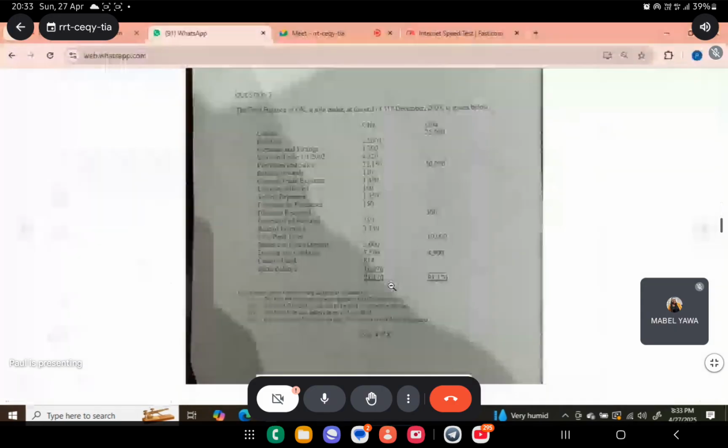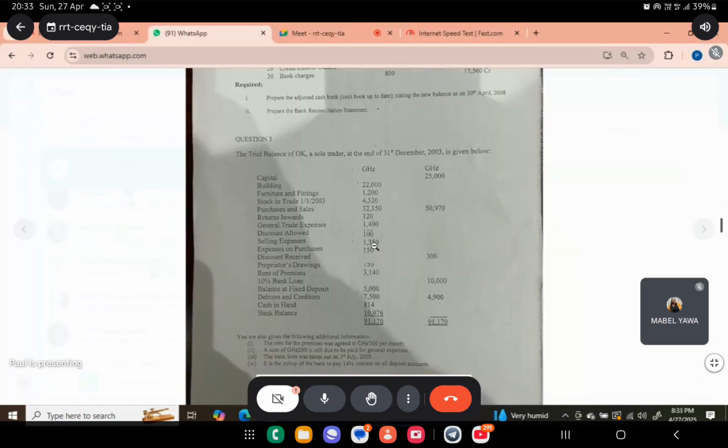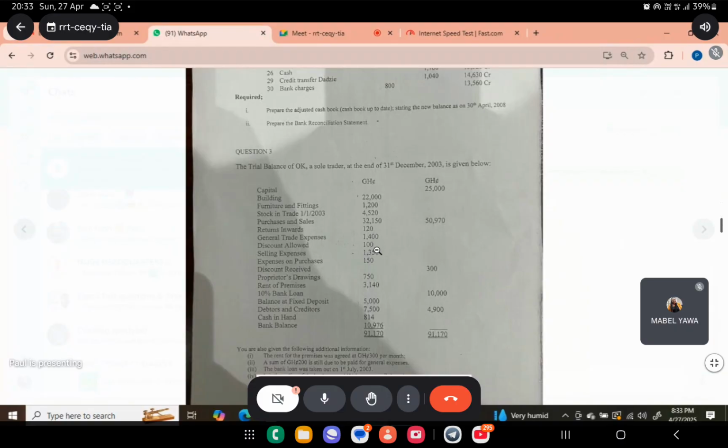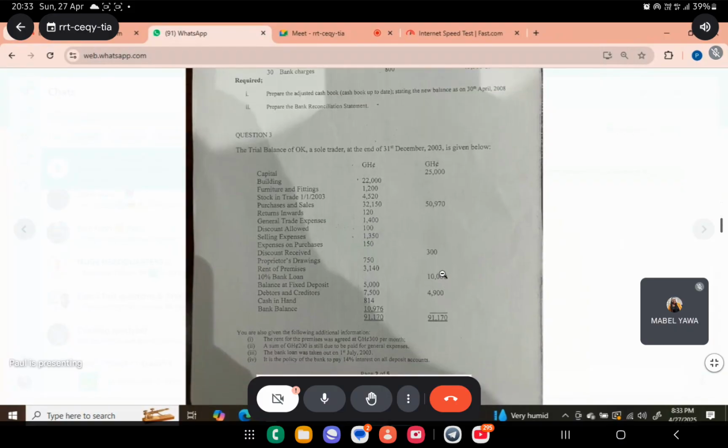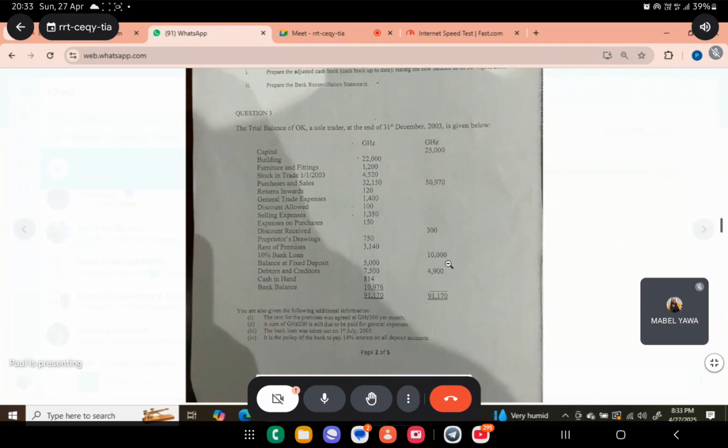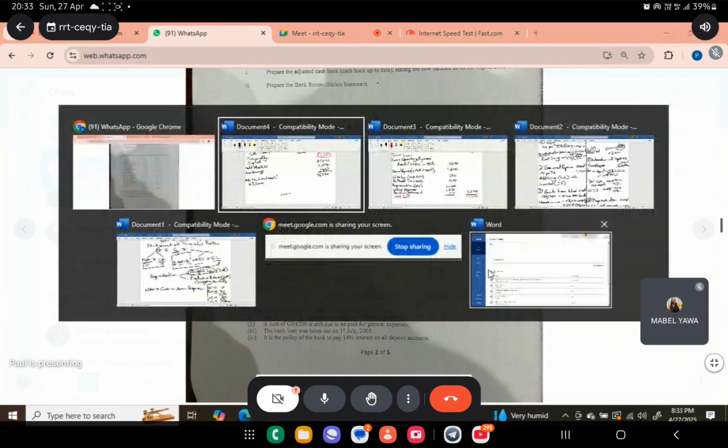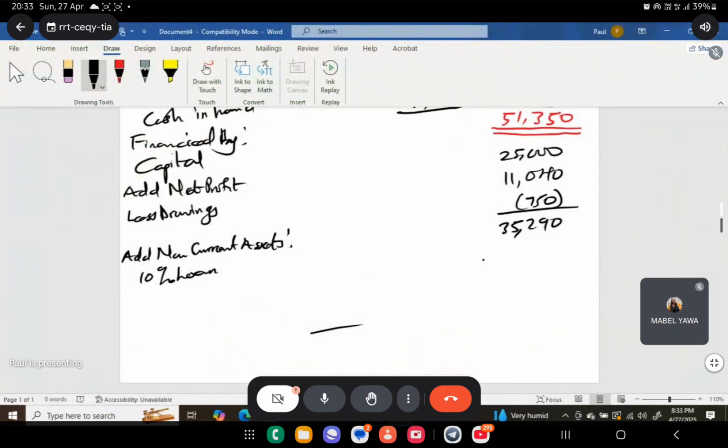As you can see here, the 10% loan, but oh sorry, loan is a liability on the credit. So 10,000. So that 10,000 will be treated. Then we see that's the only non-current liability.